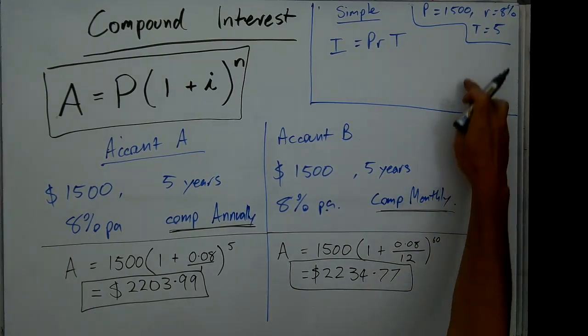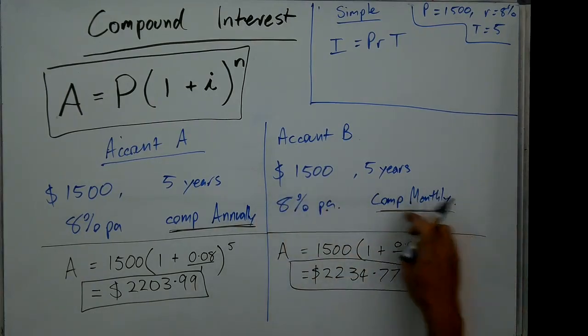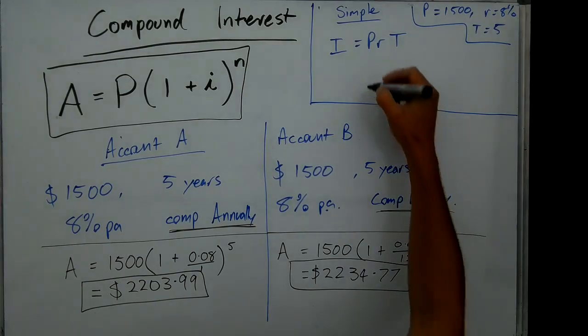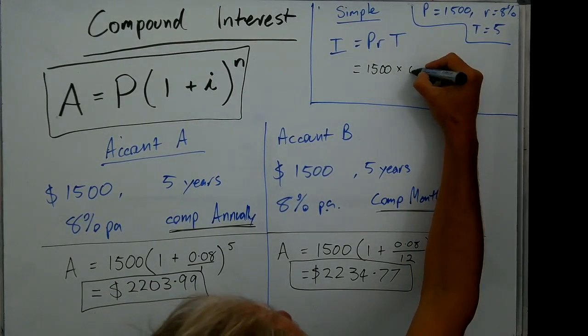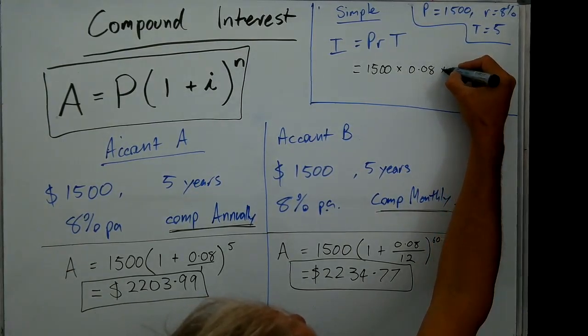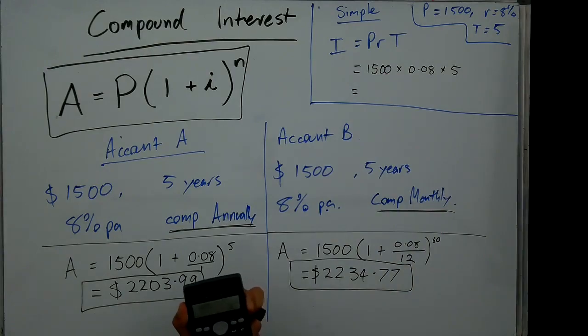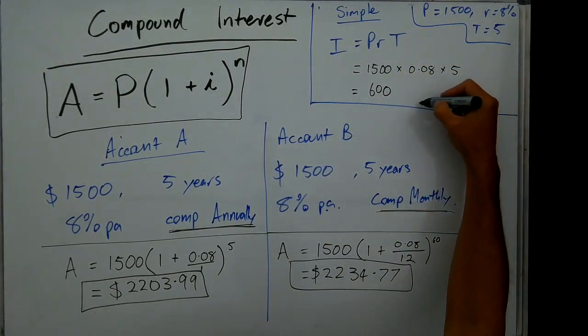Okay, I think it's probably worth seeing what happens if we don't have any compounding. If interest is just worked out for the entire 5 years, and we just work out 8% per year. So this would be 1,500 times 0.08 times 5, and we get $600 interest.